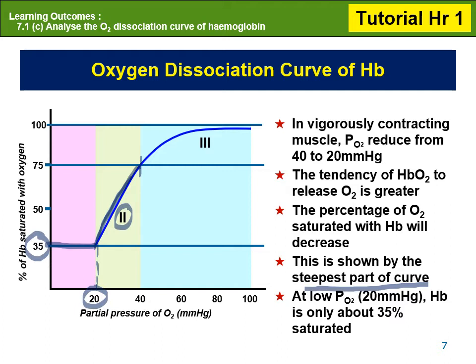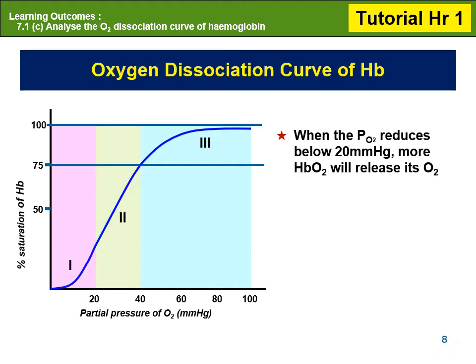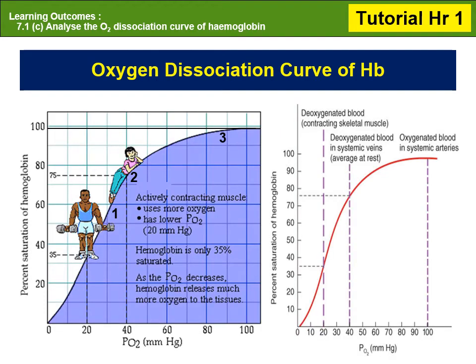So when the partial pressure of oxygen reduces below 20 mmHg, so more oxyhemoglobin will release its oxygen. Okay, kita ulang semula untuk ODC of hemoglobin, ataupun oxygen dissociation curve of hemoglobin.